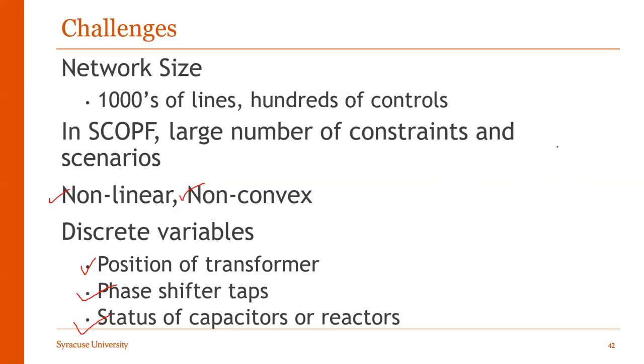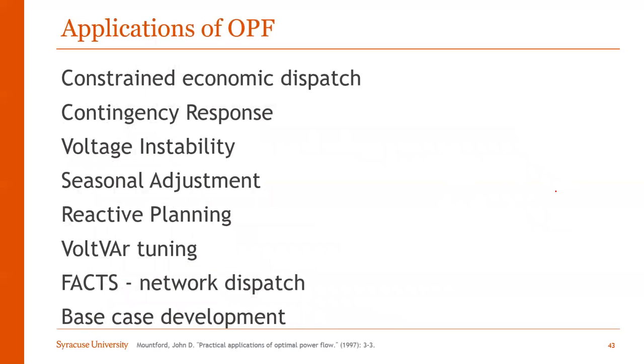So with this, we sum up the basics of optimal power flow and its extension, security constraint OPF. The last slide gives us some of the applications of OPF in power systems. First, we use OPF in constrained economic dispatch. We also use OPF in contingency response.